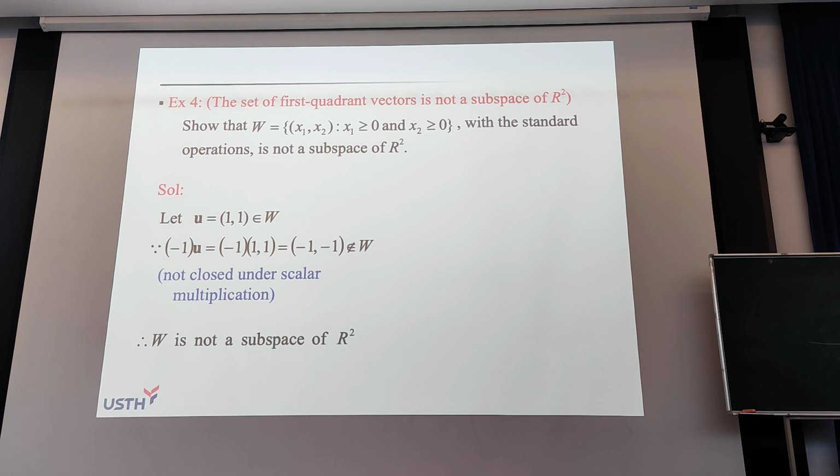Because if we take any vector v inside here and multiply it by -1, what do you get? You get the vector directed to that point, and that is no longer inside W. So because of that, W is not a vector space.